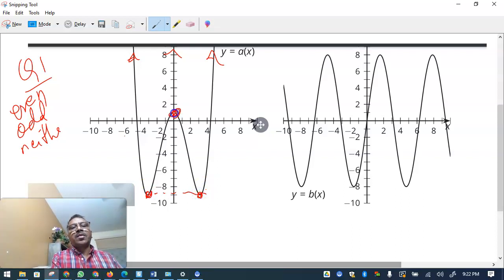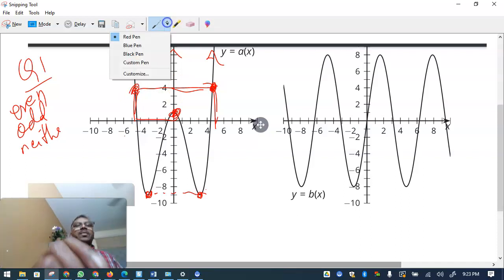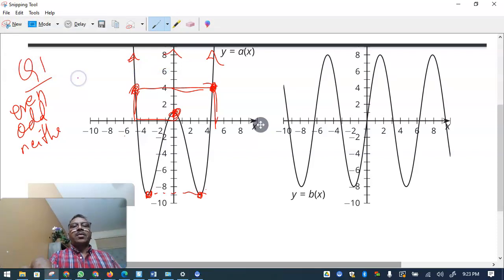Let's take any point here, which is maybe 5 and 4. So if you reflect the whole black graph, you get back this whole thing again. See, this dot will go here. Any point here will go this side, and when you reflect, you get back the same thing.